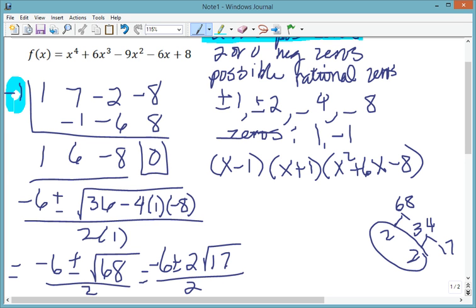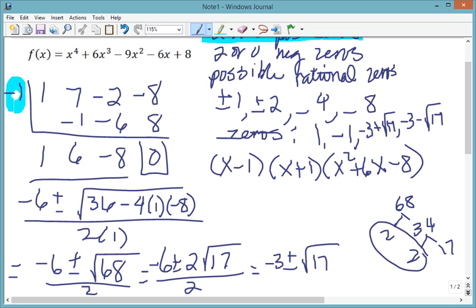And I can take a 2 out of everything, so I've got negative 3 plus or minus the square root of 17. Alright, those are my zeros. They're irrational, right? But they're my zeros. So I've got negative 3 plus square root of 17 and negative 3 minus square root of 17.